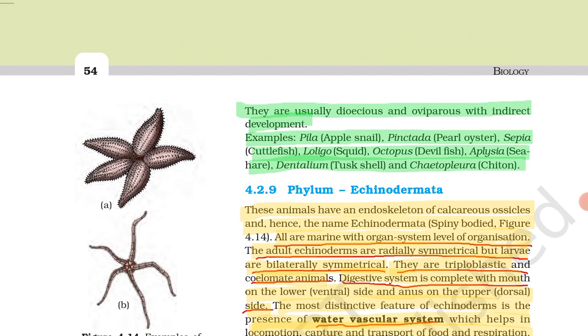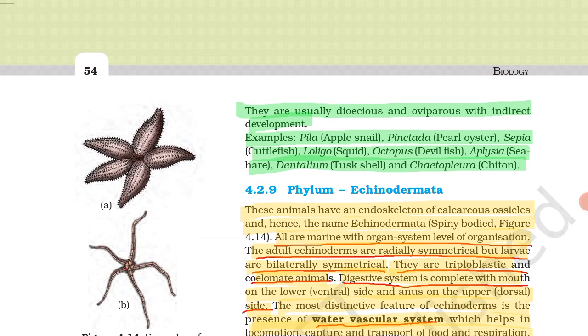So the examples of this are Pila, apple snail. Pinctada, pearl oyster. Sepia, cuttlefish. Loligo, squid.